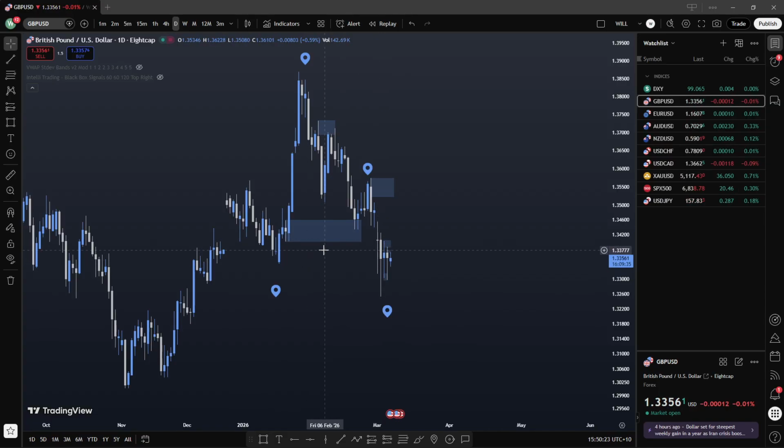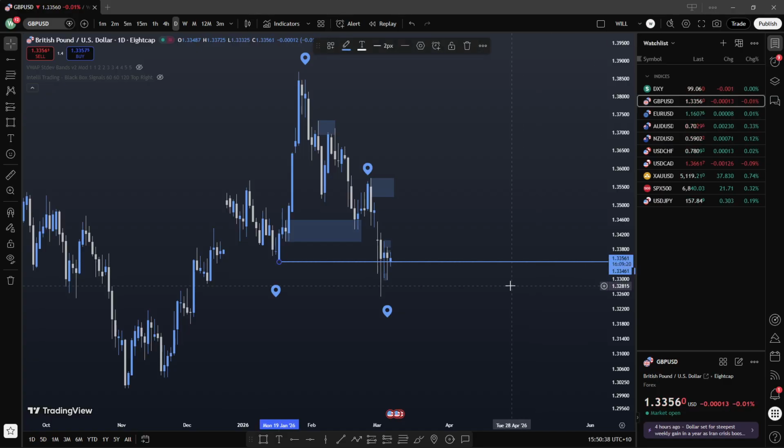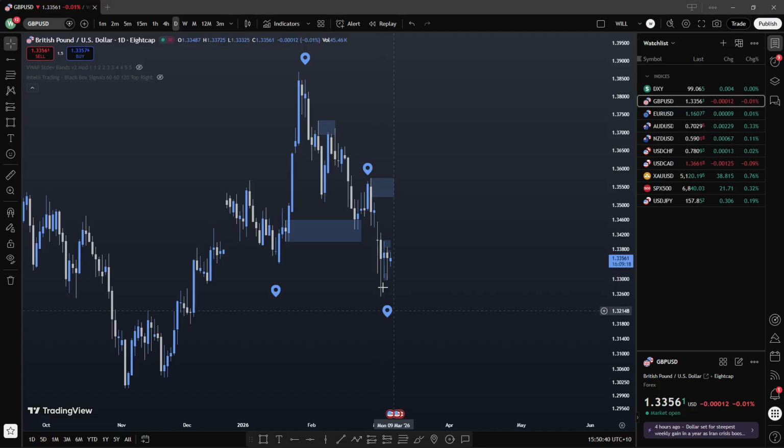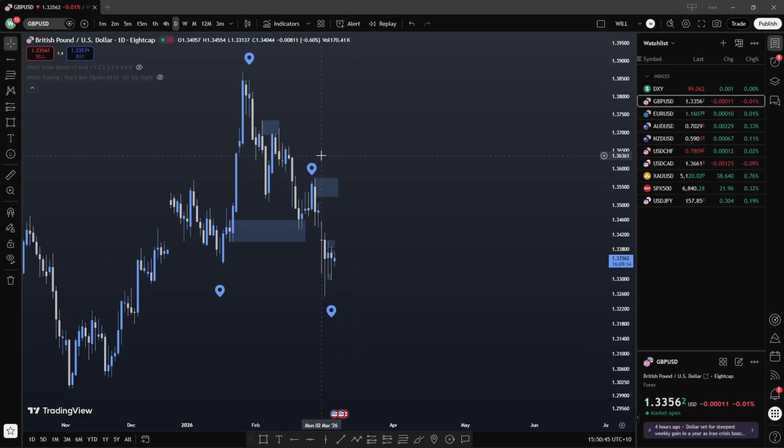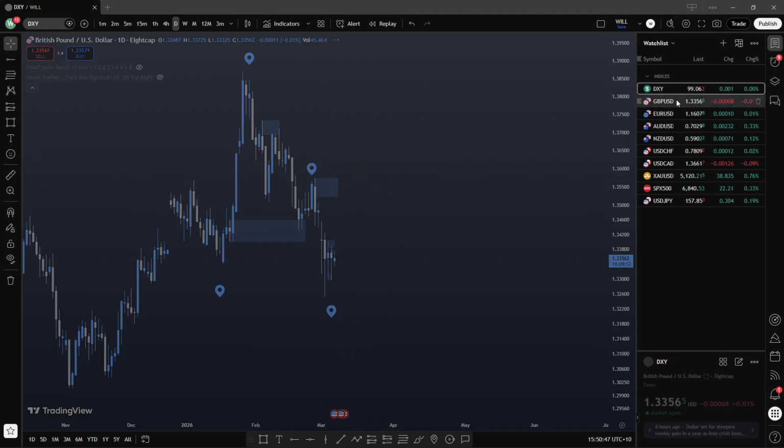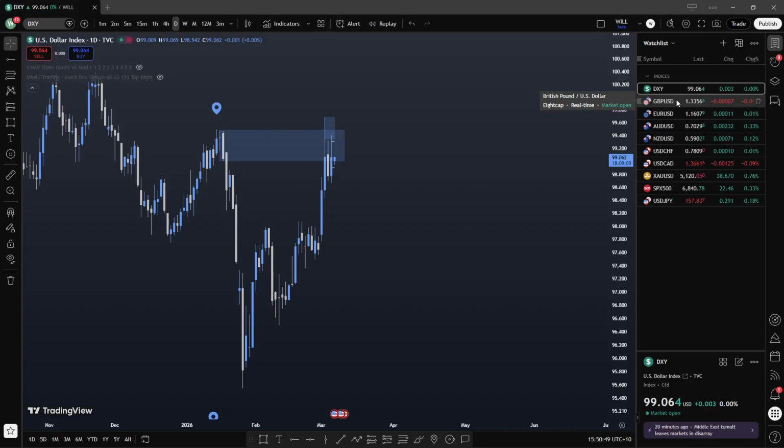So it makes sense to base those breaks of structures on the body. And as you can see from this body, if I draw a ray here, there's been no break of structure. We're just waiting on that daily candle to close. But right now, we're rejecting this low here, which makes sense because it's pretty in line with what's happening right now on the dollar.